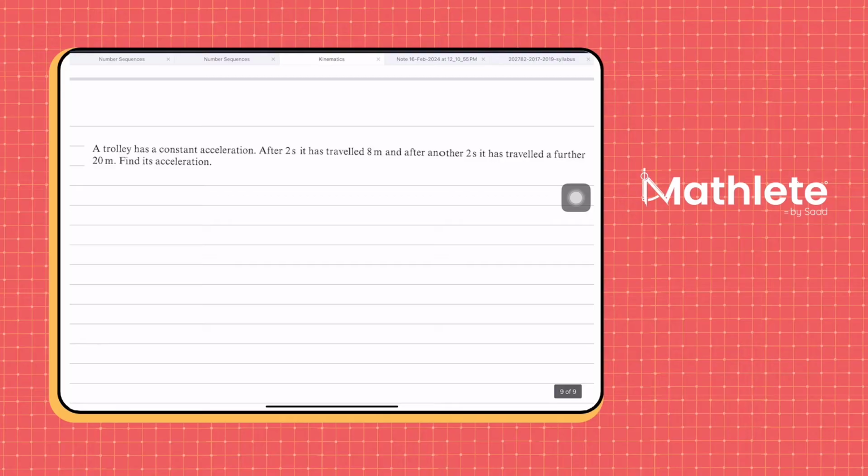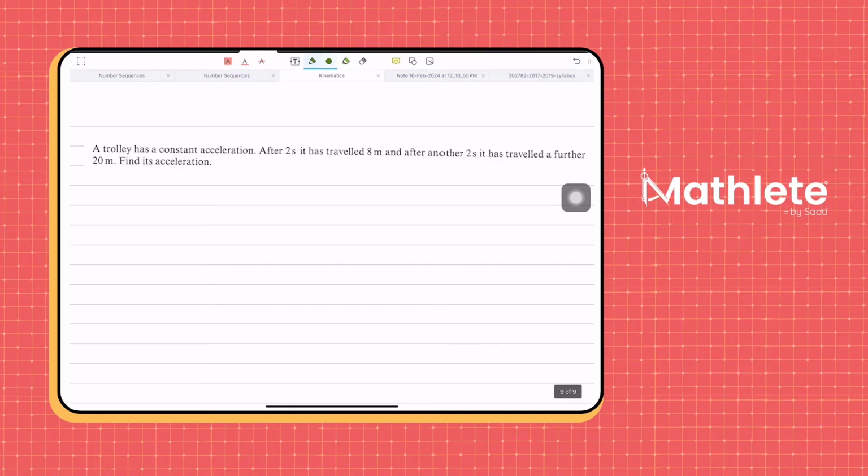Does anyone remember? If the question says the sum of the first 4 terms is 100, let's say, and the sum of the next 4 terms is 200, what do we do in those kinds of questions? Simultaneous equations, yes, I agree. But how do you form 2 equations? That's what my question is.